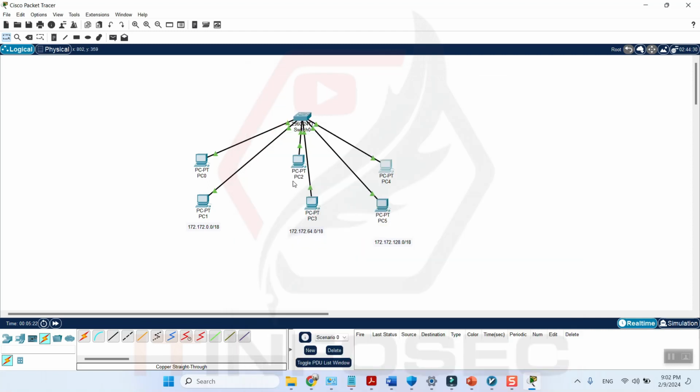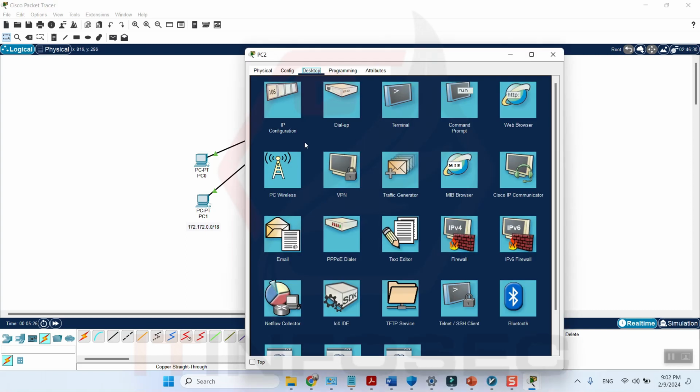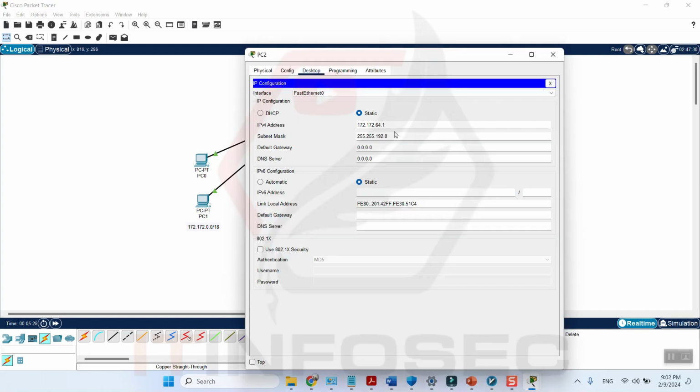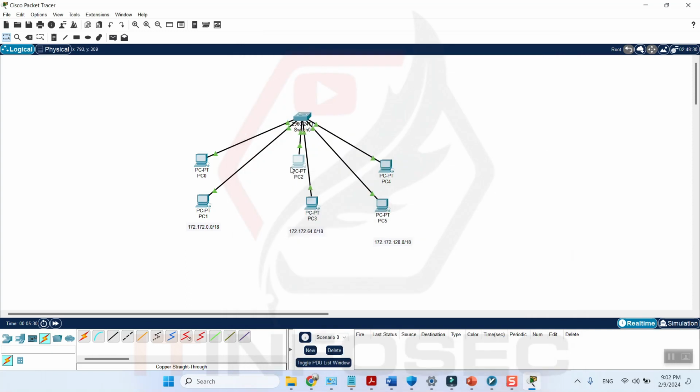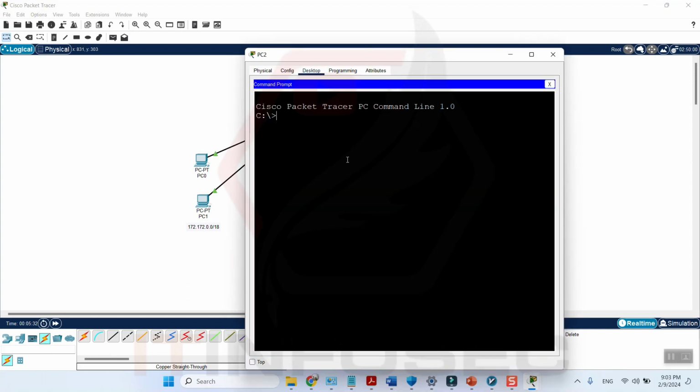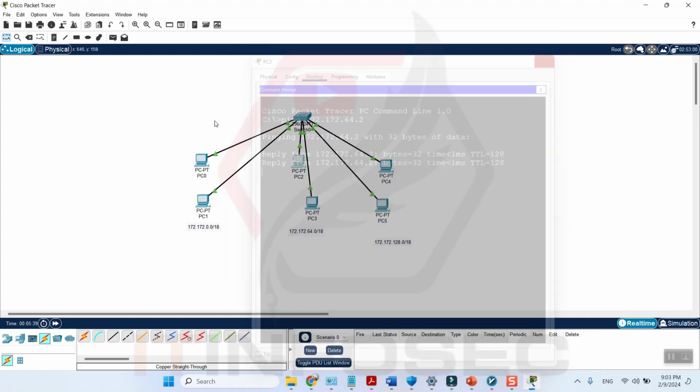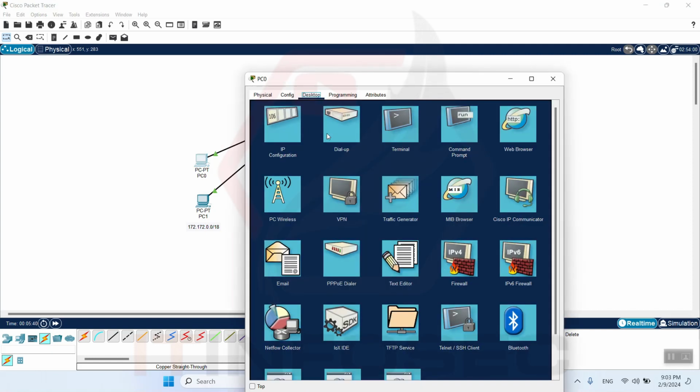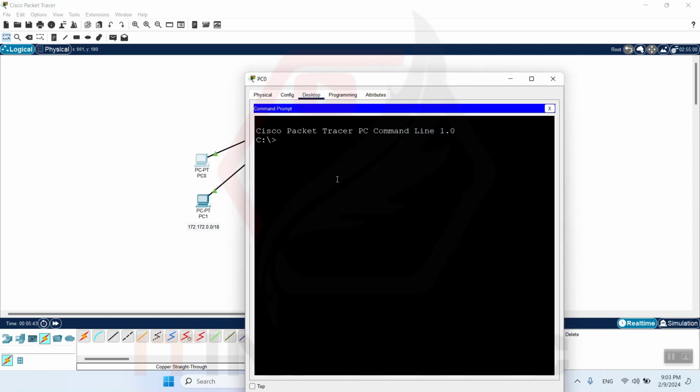And these two computers in subnet 2 start with 64. What's the IP? 172.172.64. Well, I start ping 172.172.64.2. That's okay, and so on. This starts with 0.